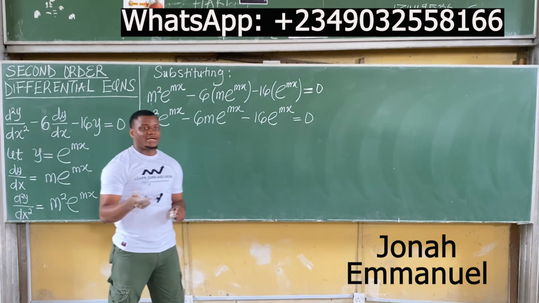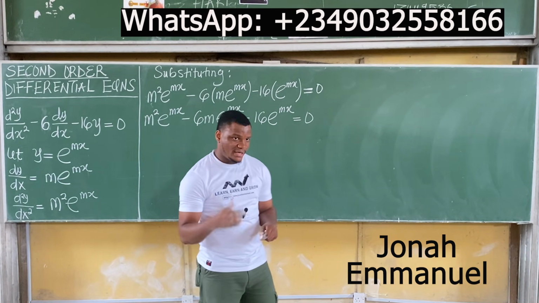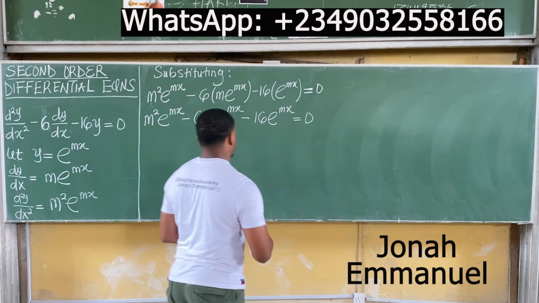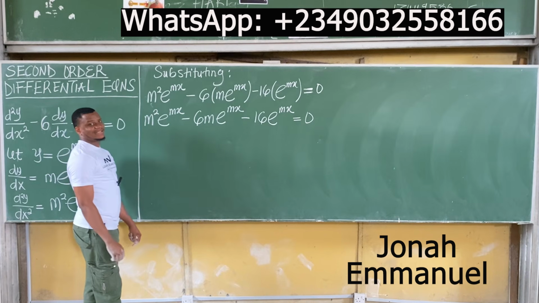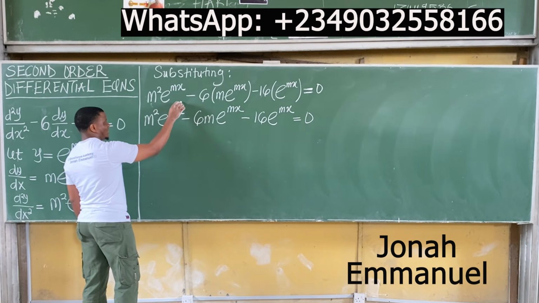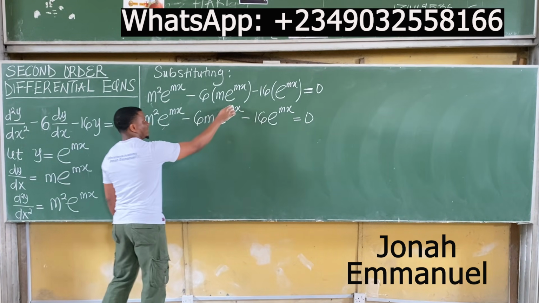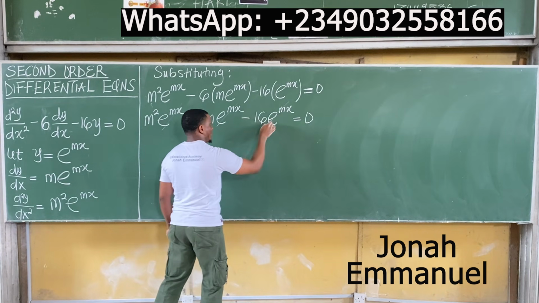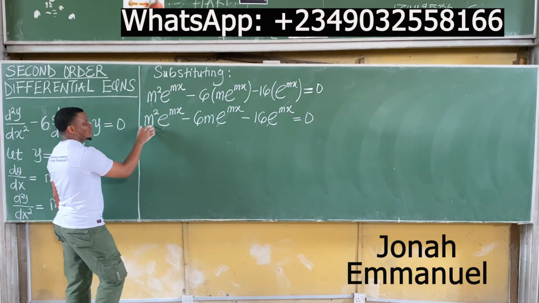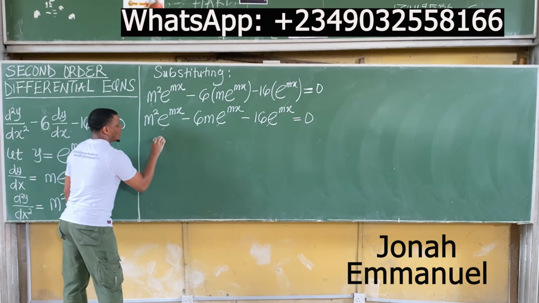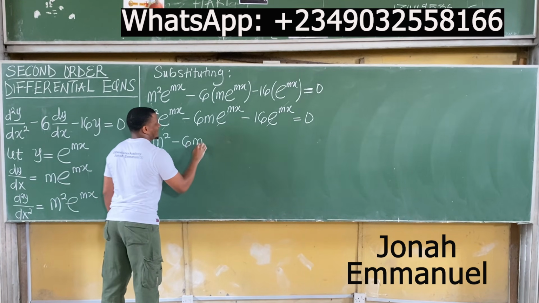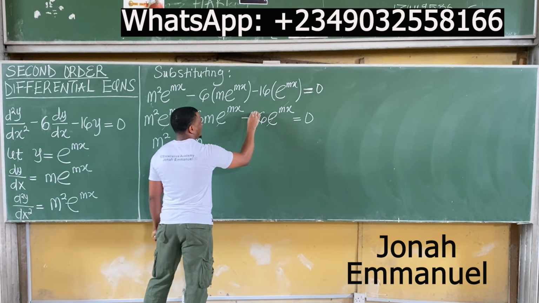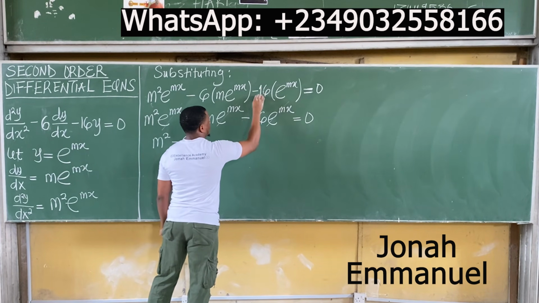After this, what was the next thing we said? Factorize exponential mx. Take out exponential mx from here, here, and here. If I take that out, I'm left with m squared minus 6m minus 16.